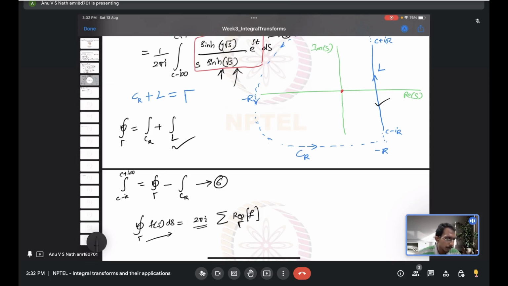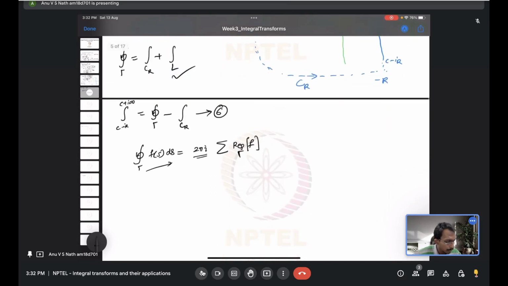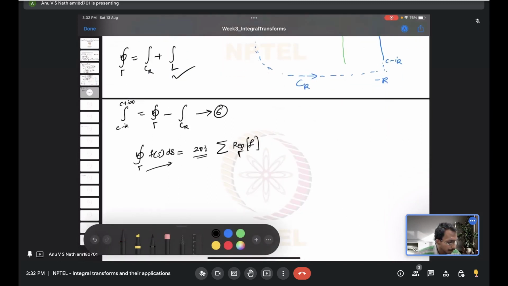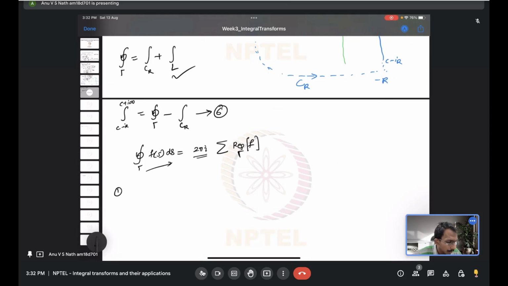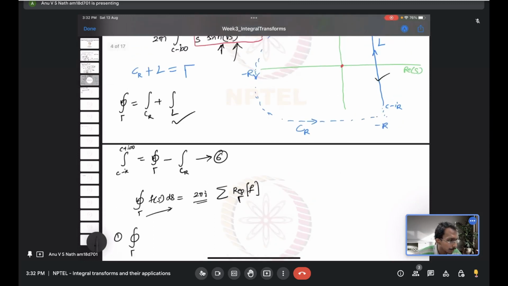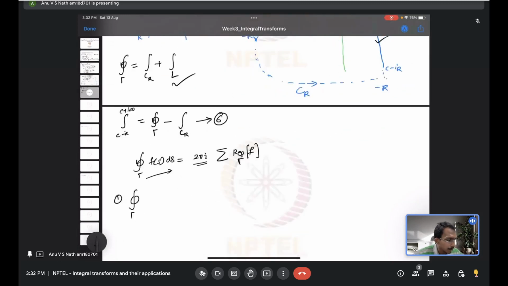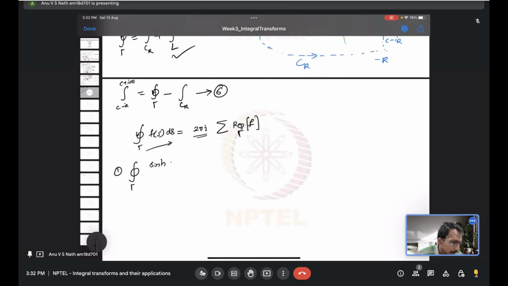So that's what we are going to do first. So first thing is that we need to evaluate the contour integral of the function that is sinh(y root s) e raised to st by s into sinh(root s) ds. So this is a function, right?